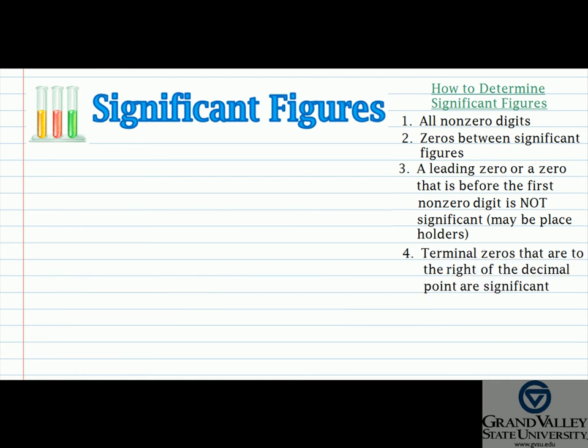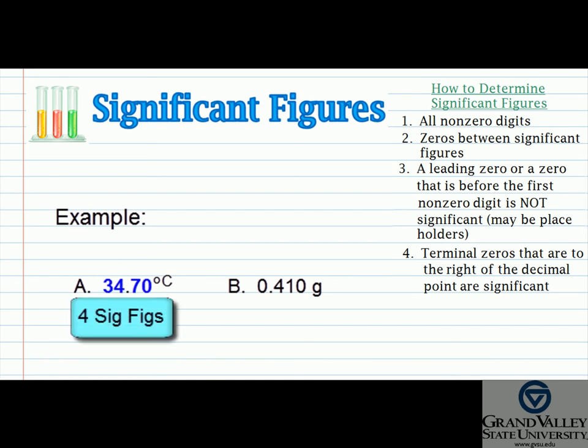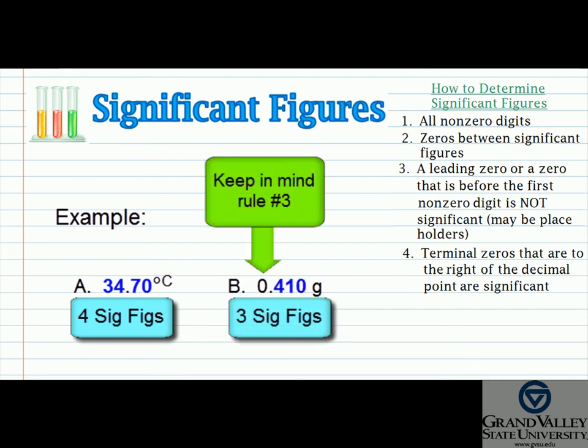The fourth rule expresses that terminal zeros that are to the right of the decimal point are significant. In the temperature reading 34.70 degrees Celsius, 4 significant figures are present, and in the value 0.410 grams, there are 3 significant figures.